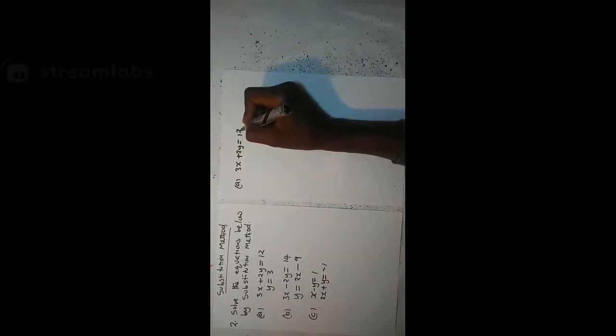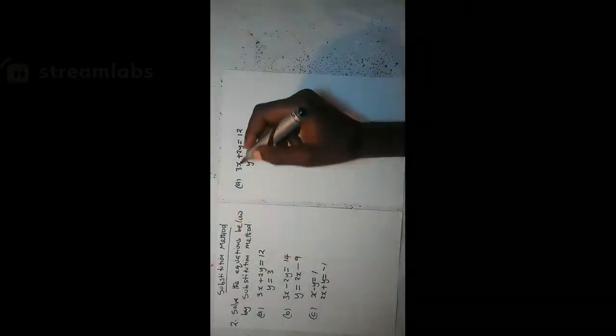So the first one, 3x plus 2y is equal to 12, and y is equal to 3. So we've started with the simplest of all substitution equations. So what we are going to do here is, we'll get this 3 here and substitute it where there is y.